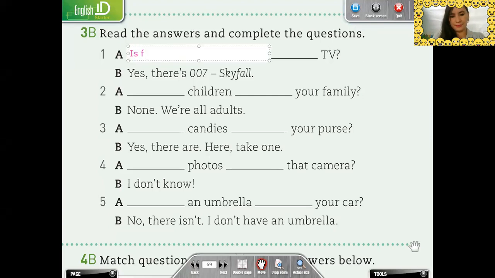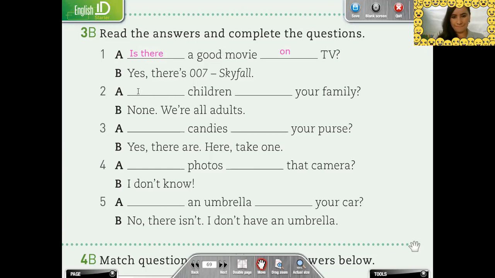In this case it is there. Is there a good movie on TV, right? Not in TV. No, on TV. The answer is yes, there's, and we have the answer here.